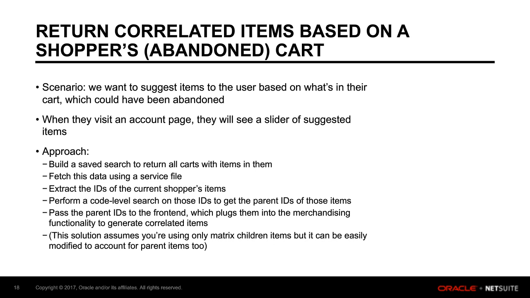Now, the correlated items are associated on a parent level rather than a child item, but the items that are in someone's carts will be child items. So there's this discrepancy where we will need to get the parent items. Helpfully, that means that we can also go through running a search.